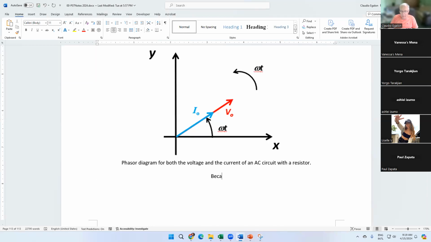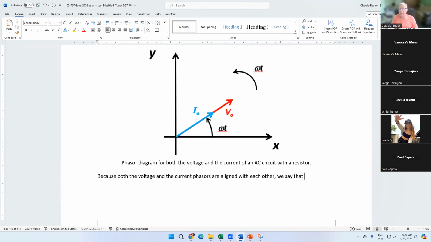Both the voltage and current phasors are aligned with each other.